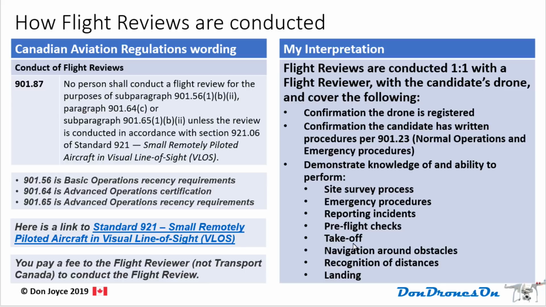You'll be expected to be able to take off with your drone. Navigating around obstacles. Recognition of distances. That's an interesting one. You need to know what this magic 100-foot, 30-meter distance is and things like that, and be able to estimate that by eye, so you can't bring your tape measure along with you. And the landing, actually landing your aircraft safely.